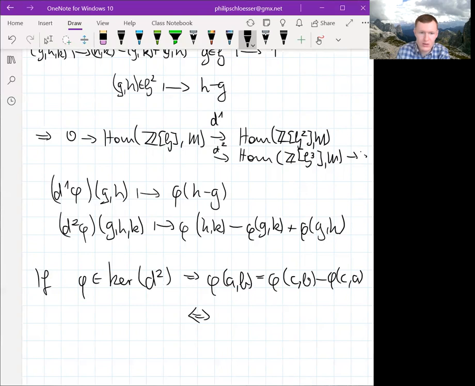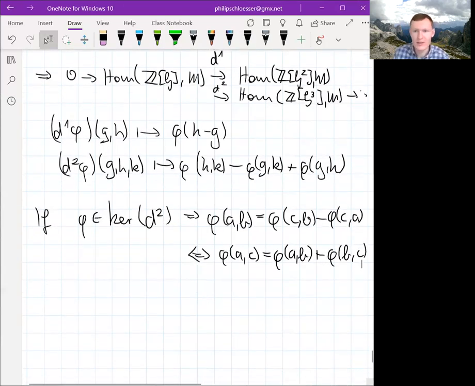Or conversely, that phi of AC is equal to phi AB plus phi BC. I guess, is Karthik still here? Yes. This looks a lot like what we used to call a co-cycle in topology and physics, when we took the co-cycle point of view for vector bundles and principal bundles, just written now for an abelian group.